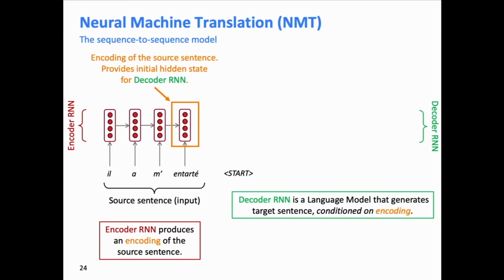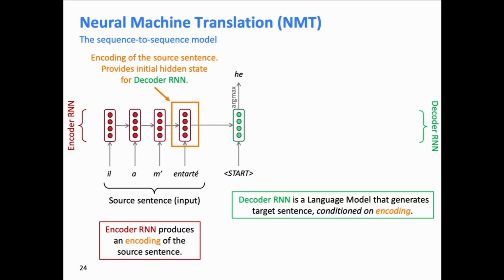So how does this work? We start off by feeding the start token into the decoder. And then we can get the first state of the decoder because we're using the encoding of the source sentence as the initial hidden state for the decoder. So then we get our first output from the decoder, which is a probability distribution of what word might come next. And let's suppose that we take the argmax over that, and then that gets us the word he, which in this case is correct, because that's probably the word you should start with.